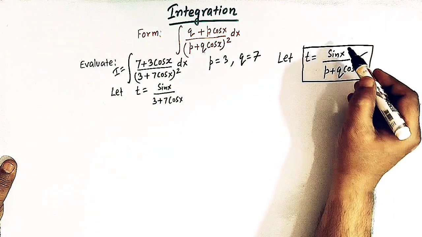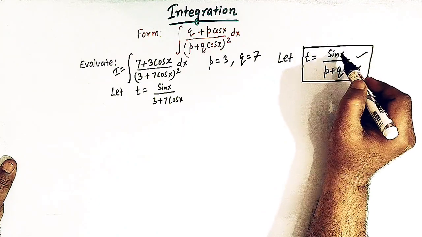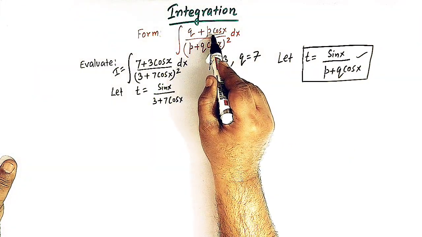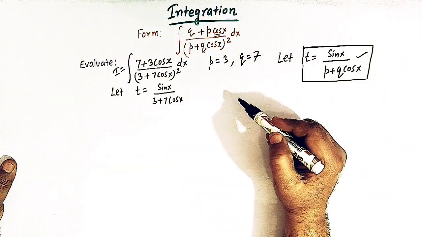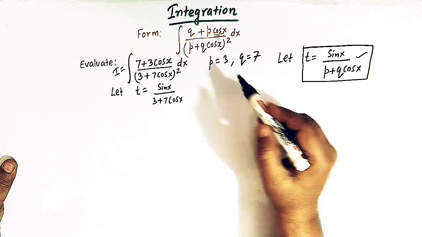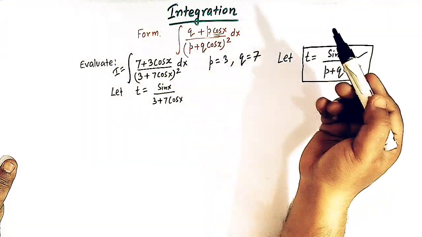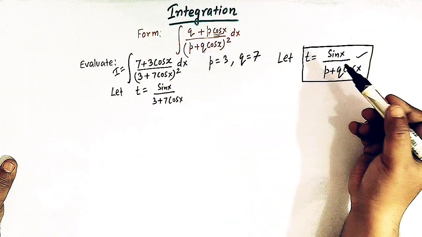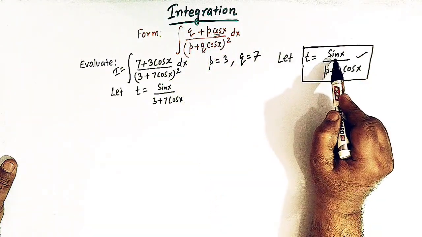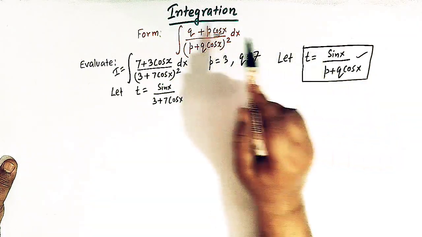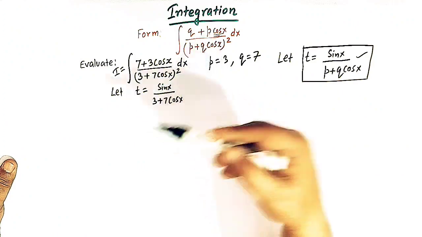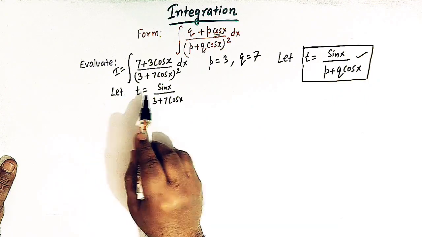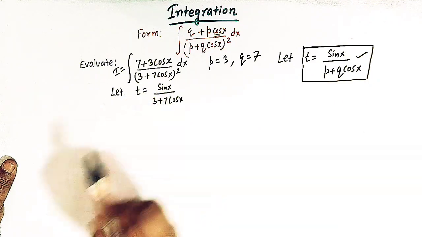We can also visualize that sin x is the derivative of cos x if we omit the negative sign, because the derivative of cos x is negative sin x. Just for the sake of memorization, sin x is the derivative of cos x excluding the negative sign. So now our substitution is t equal to sin x over 3 plus 7 cos x.